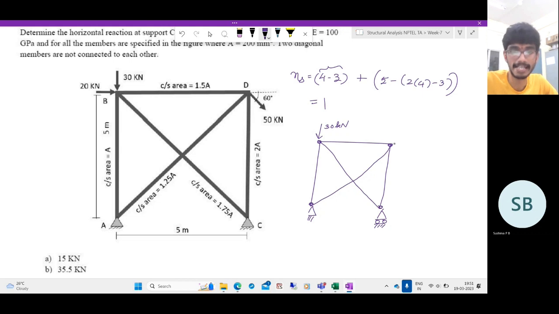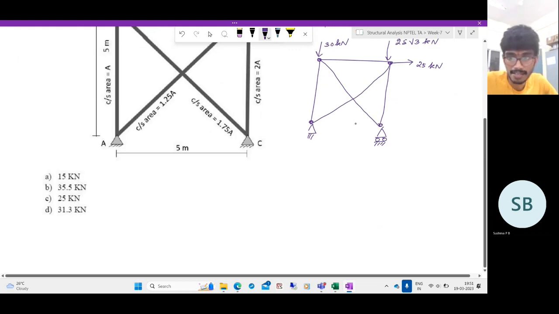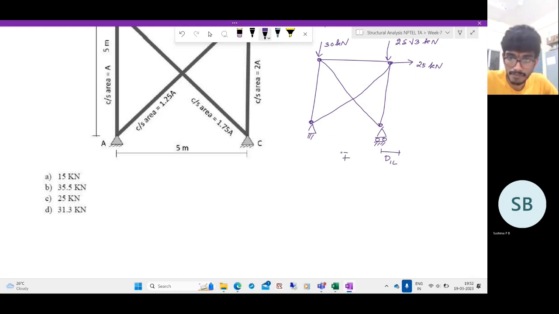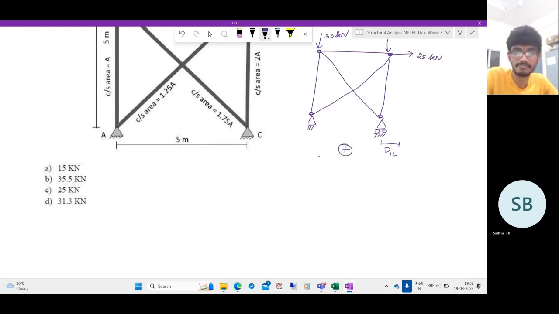Let me resolve it along the horizontal and vertical components. So cos 60 is half, so this is 25 kilonewtons. And sine 60 is root 3 by 2, so this is 25 root 3 kilonewtons. Because of this, let us suppose the support moves by delta 1L. This has to be superposed with the action of the redundant reaction force.